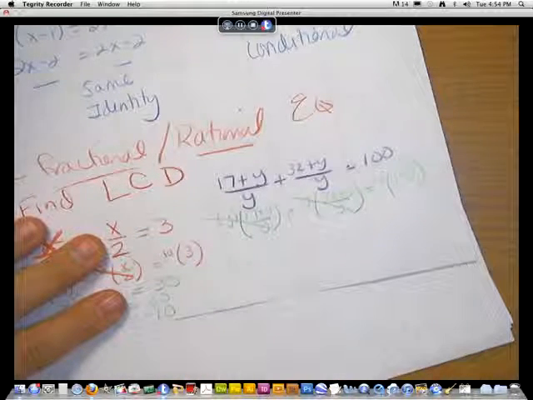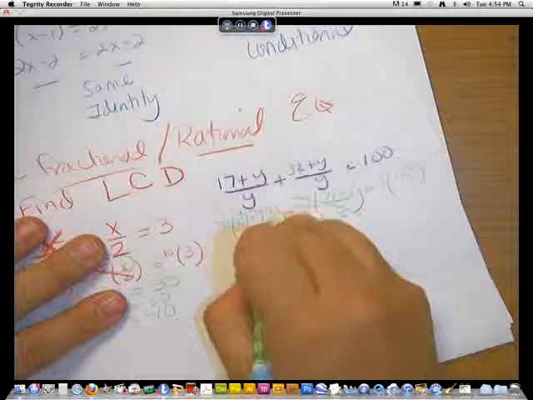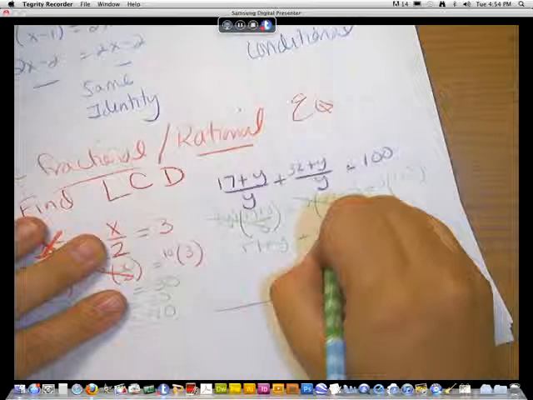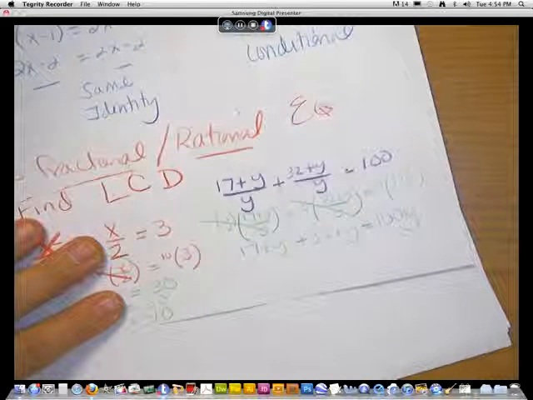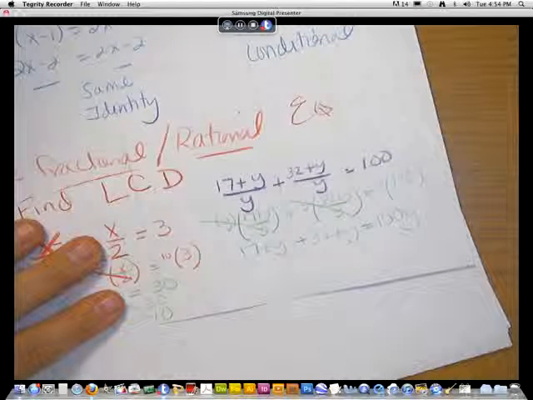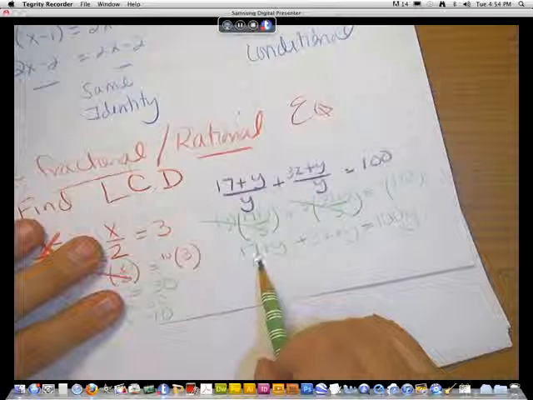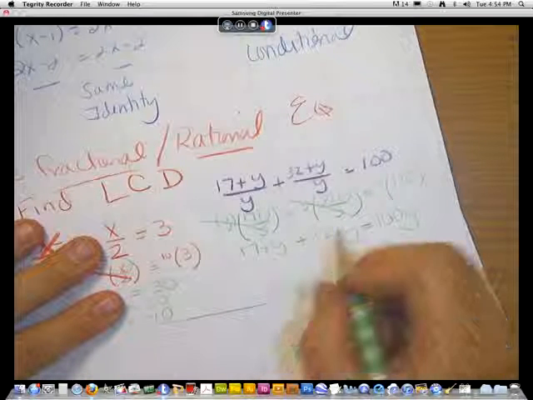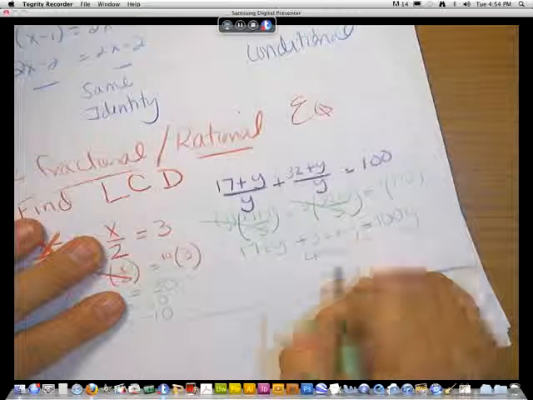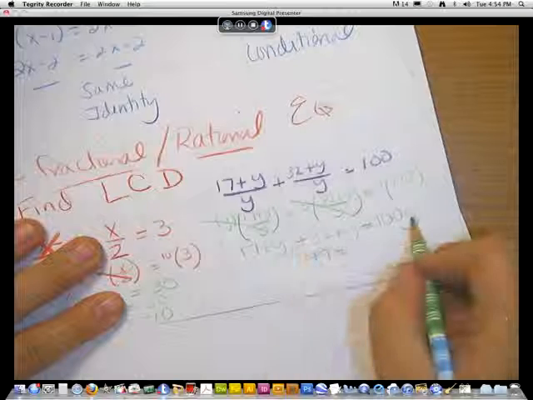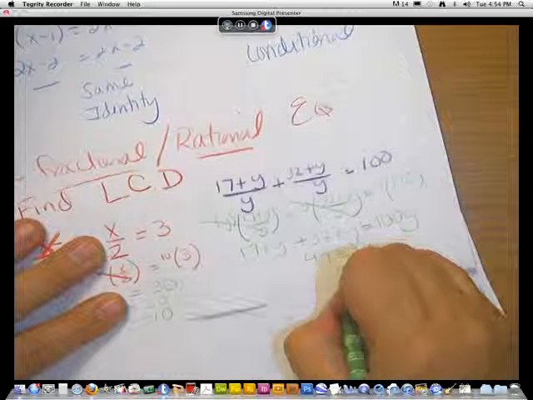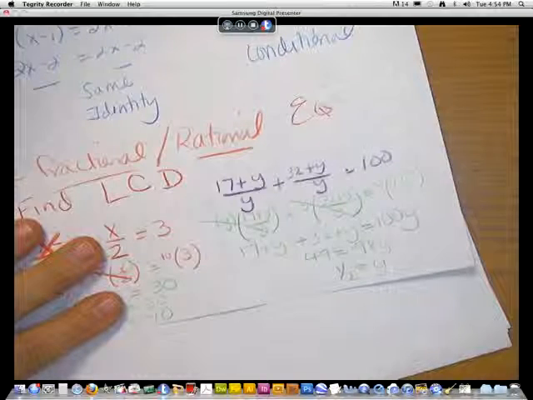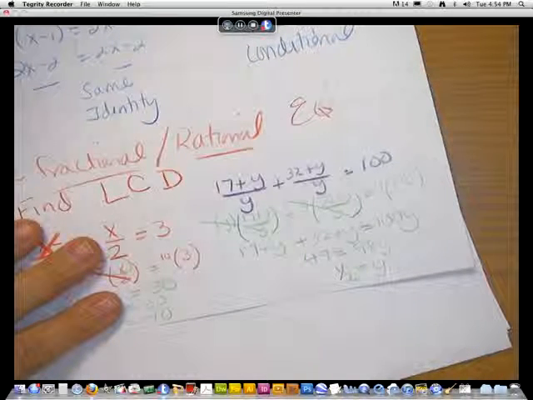This will reduce out. So I get 17 plus y plus 32 plus y is 100y. Now when I go through my solving process here, 17, 32, we get 49. Move over the 2 y's, so we're going to get 98y. So y is 1/2 when I divide the 49 by the 98.